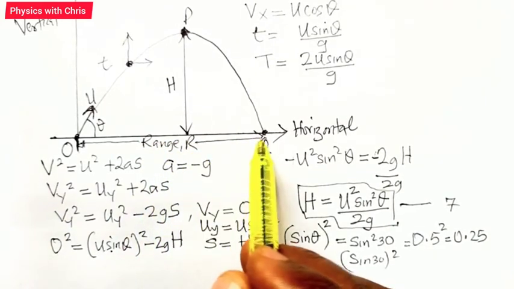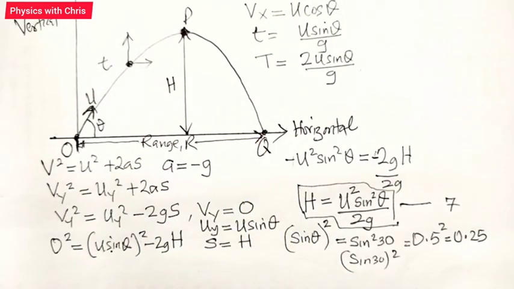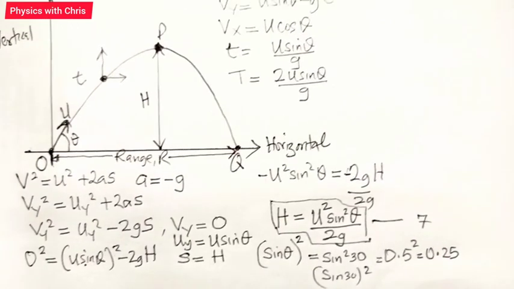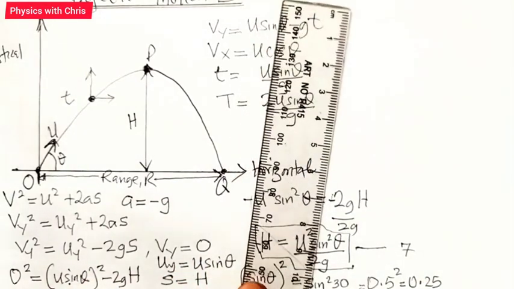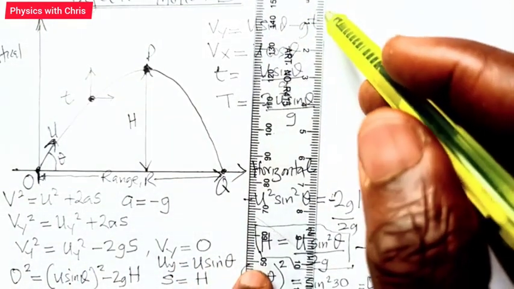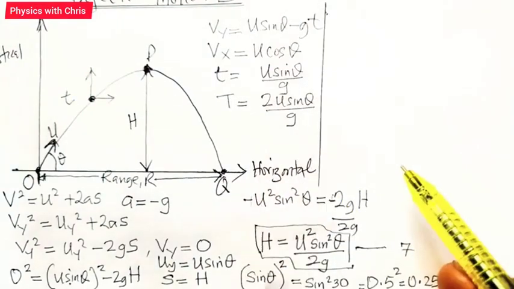So from point O to point Q, that distance along the positive x-axis is defined as the range of the projectile. The horizontal distance covered by the projectile is called the range. I want to move to this side and derive the expression for the range of the projectile.